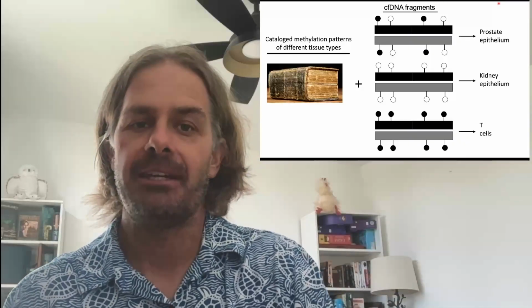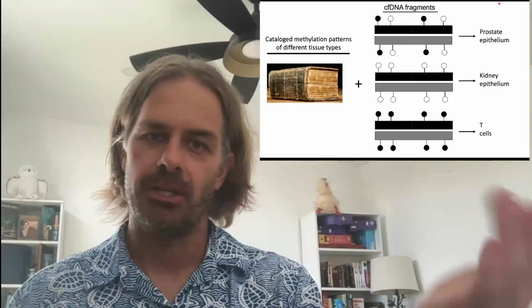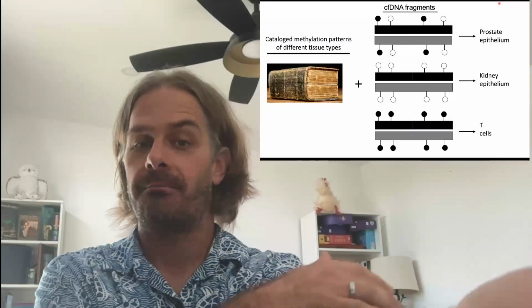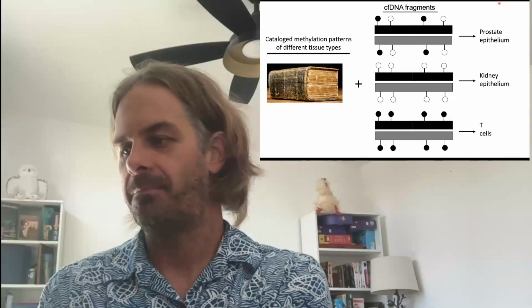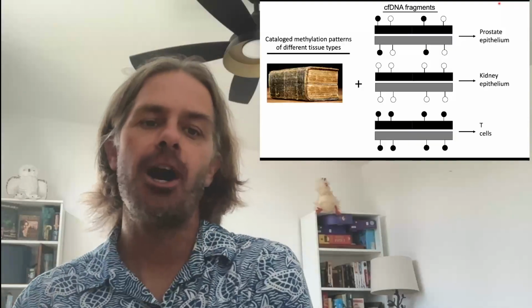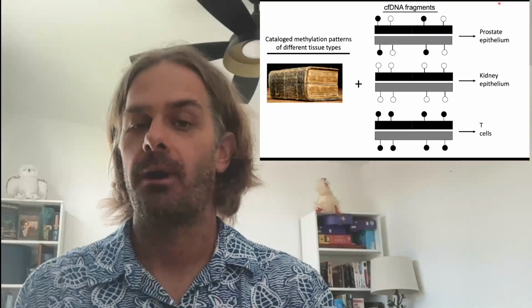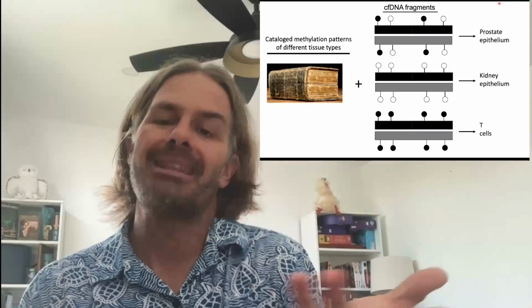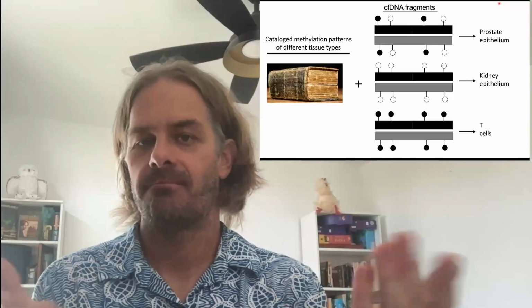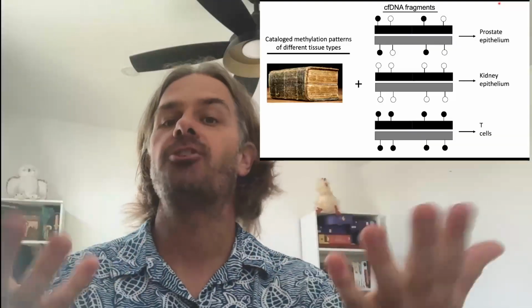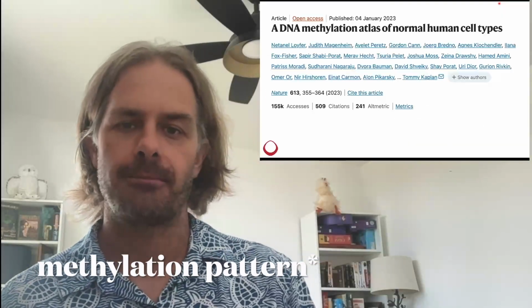So if a fragment has a certain methylation pattern at a certain loci, it can come from the blood cells itself, or it can come from a less prevalent cell type, and you can understand that through the fragmentation pattern.